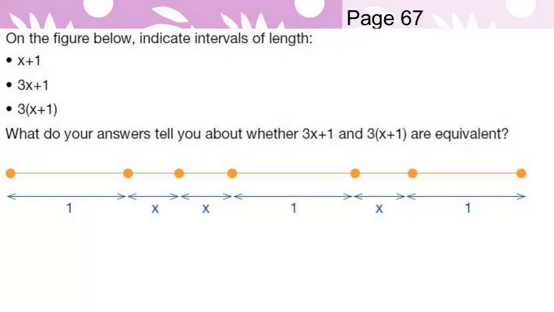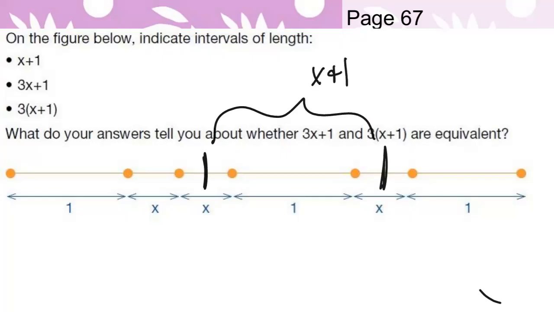In other words, would it go from here to here? Would you say this is x plus 1? Hopefully not. Yeah, that's not x plus 1. So first of all, show me some place on that line that is x plus 1.